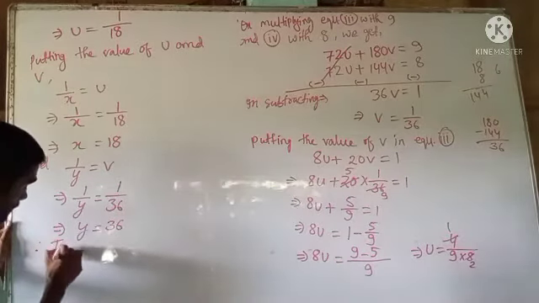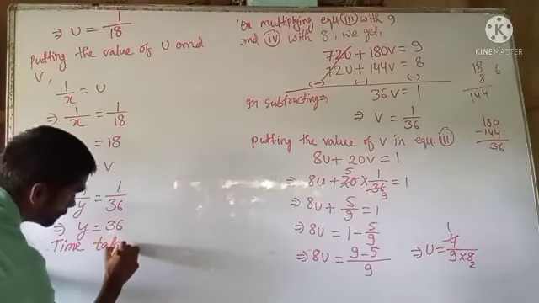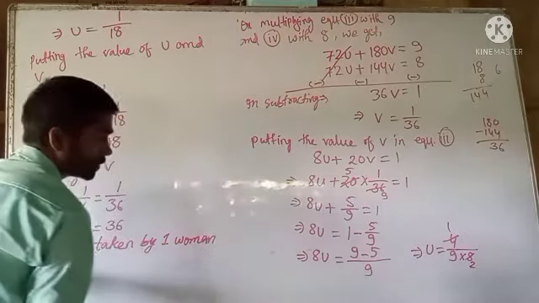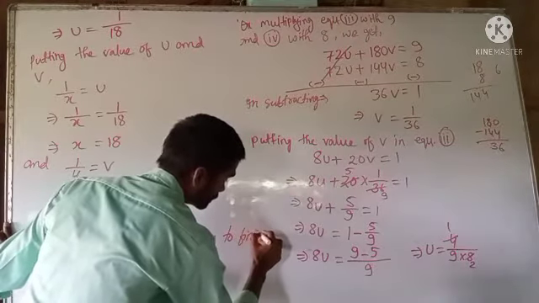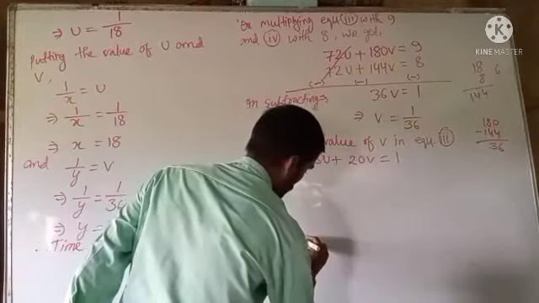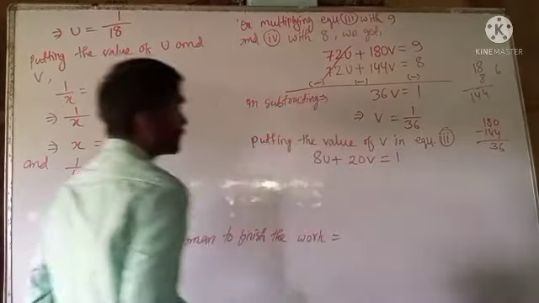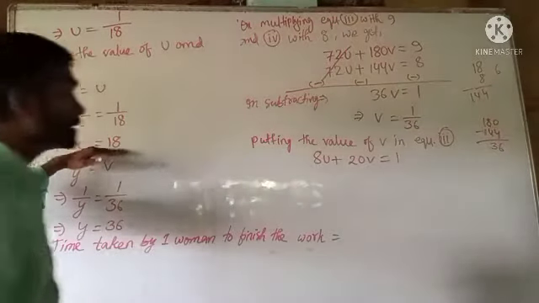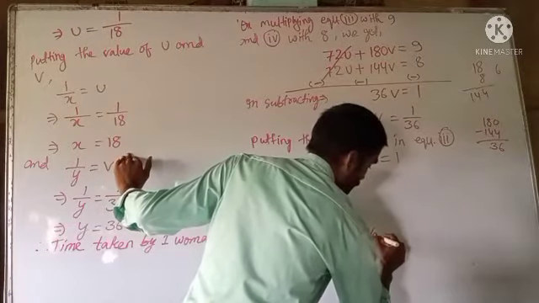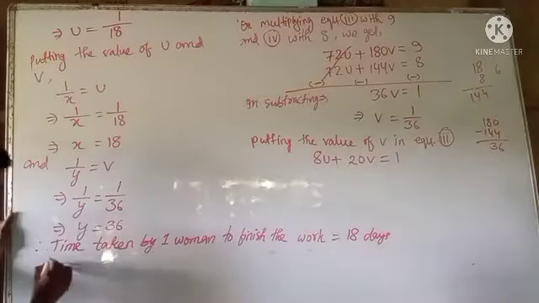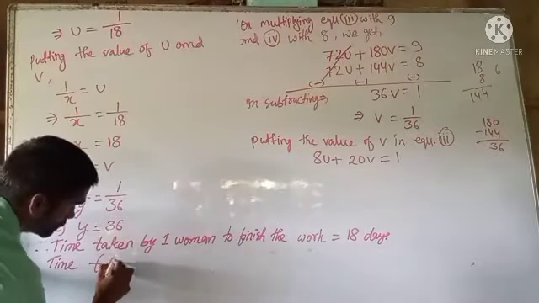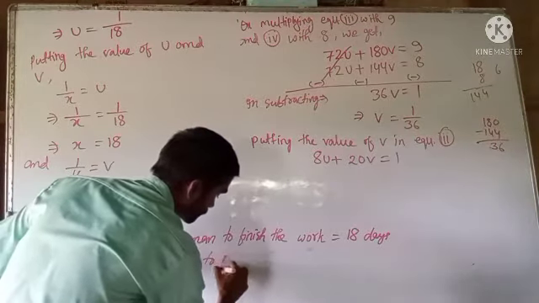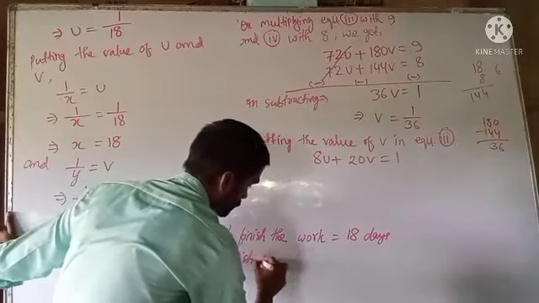So we write here, therefore time taken by one woman to finish the work is equal to, we took for woman as x days, so x we got the value, that is 18 days, and the time taken by one man to finish the work.